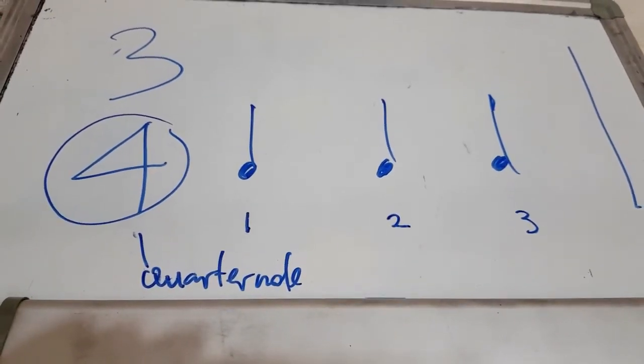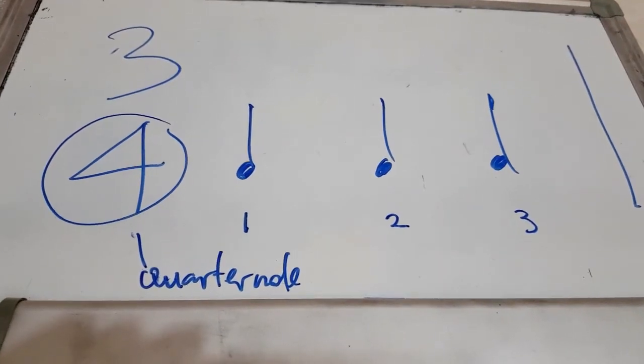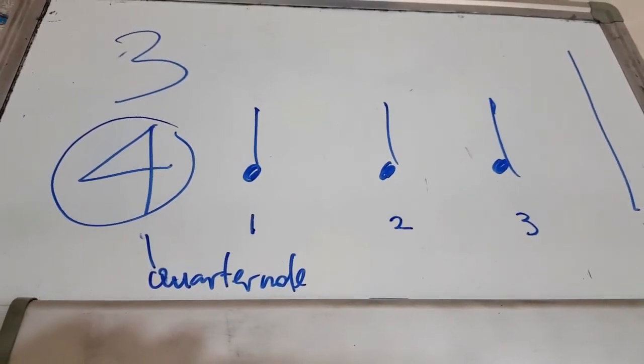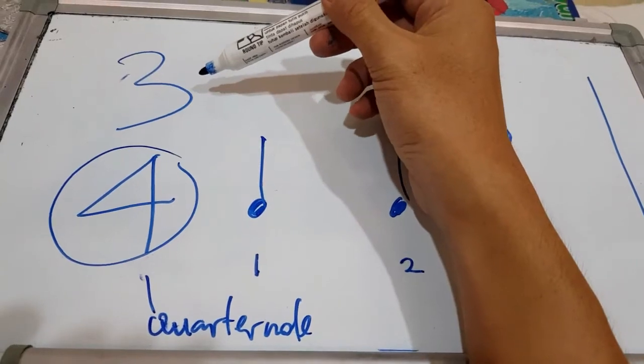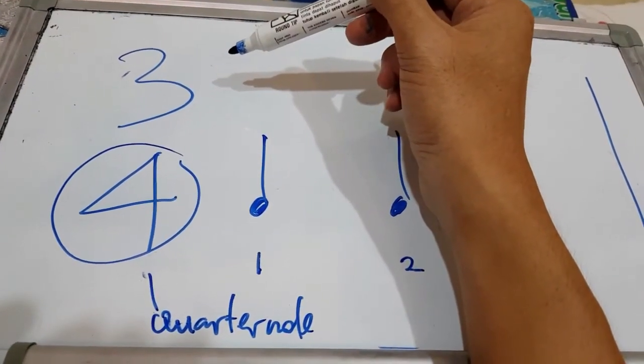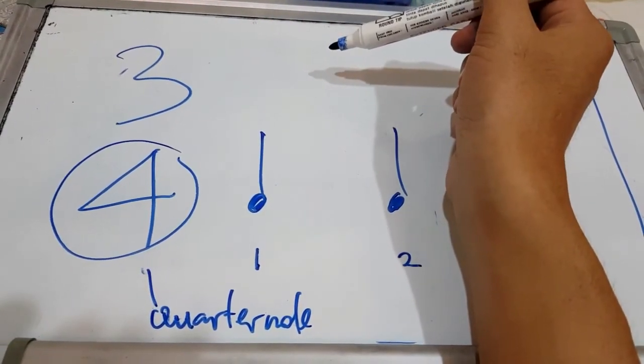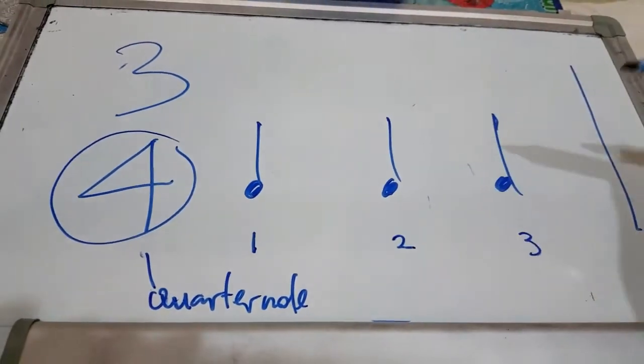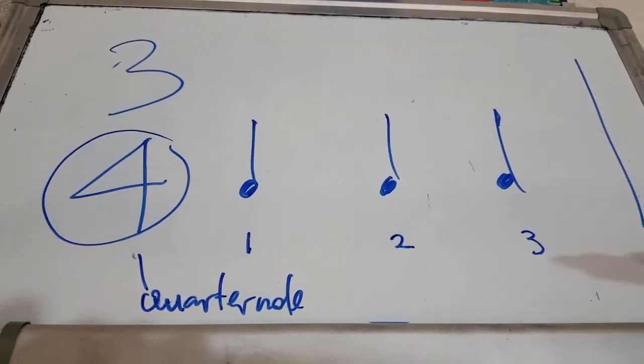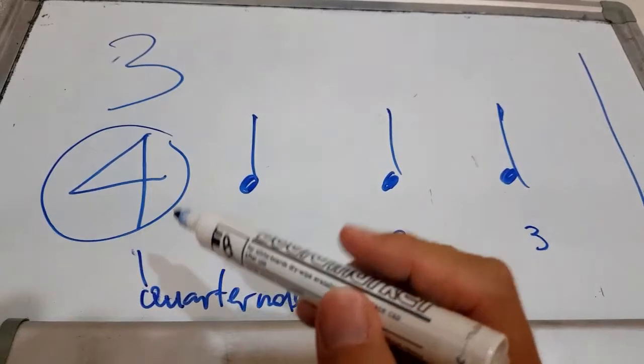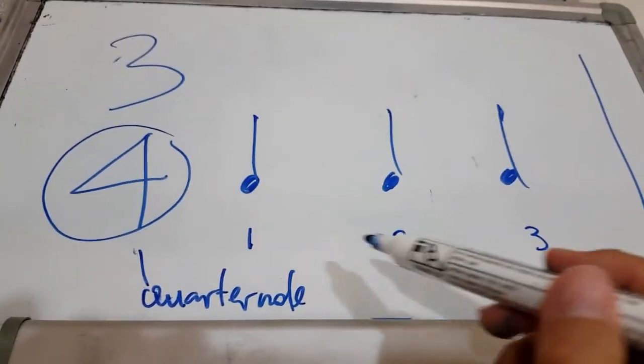Did you get it? So that's all about the time signature. The number on the top means how many beats you will have in one measure, and the number at the bottom means the value of each beat.